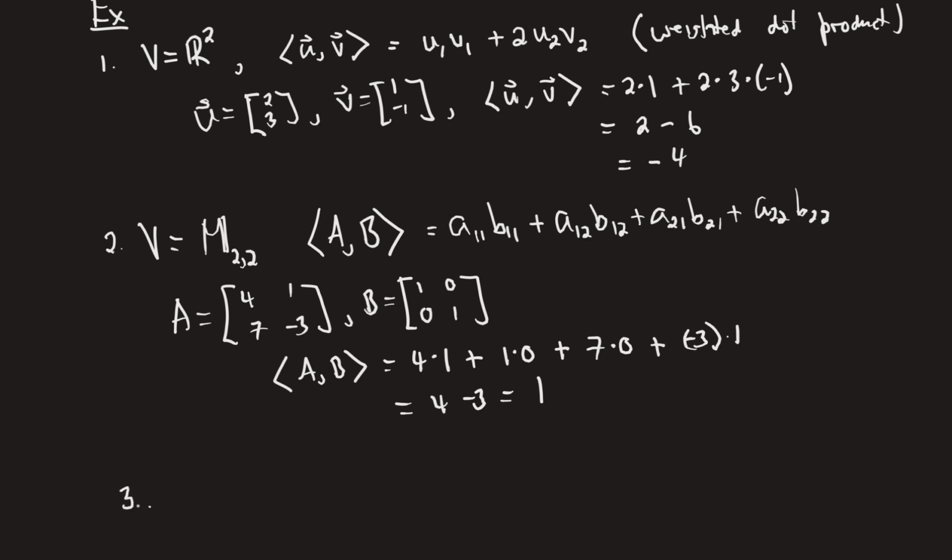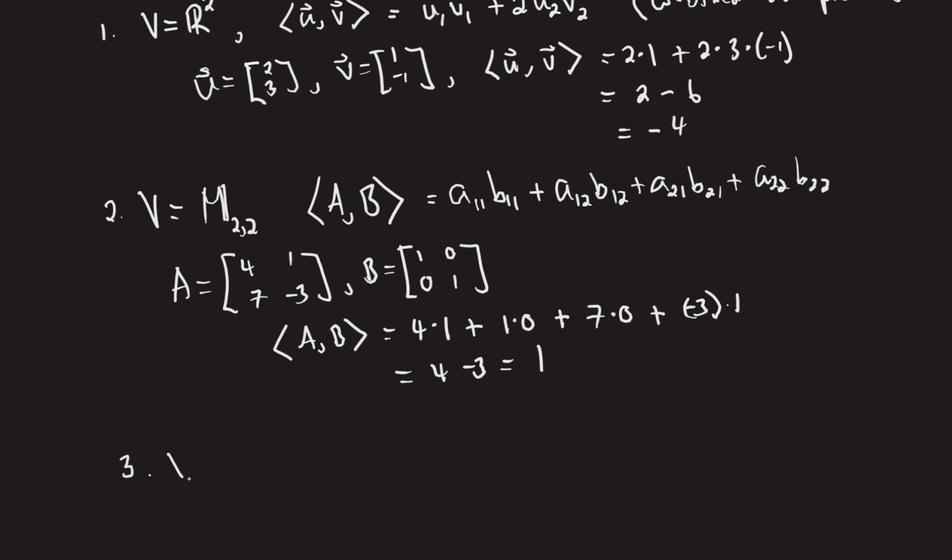Let's end with a look in our polynomial space. So what if our space is something like P2. Let's keep it pretty simple. So remember what P2 represents? It's the set of all polynomials of degree less than or equal to 2. And I'm just gonna use f and g because these are gonna be polynomials.